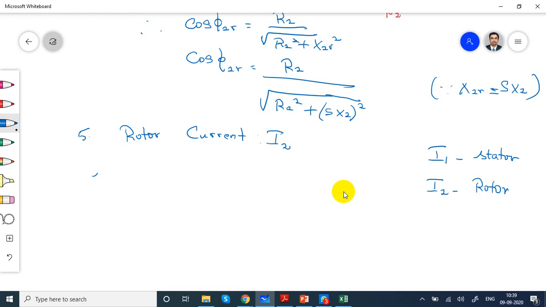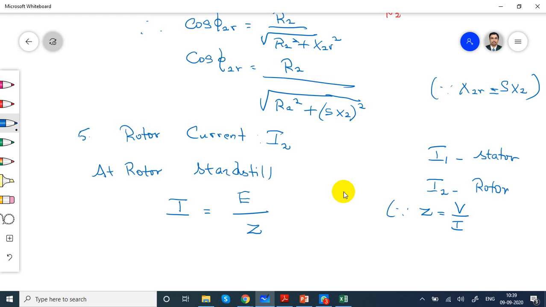So same at rotor during standstill. The basic current equation, current I equals the ratio of EMF divided by impedance, because the basic equation Z equals V by I, or Z equals E by I, we already studied in basic electrical engineering.